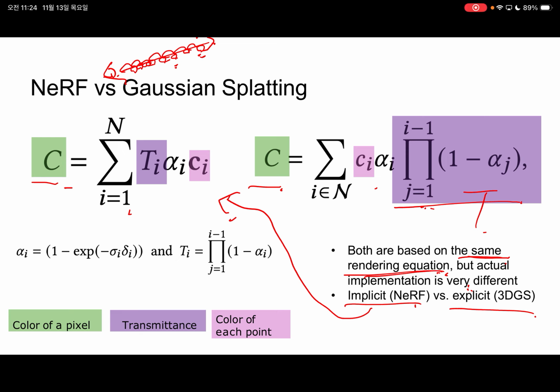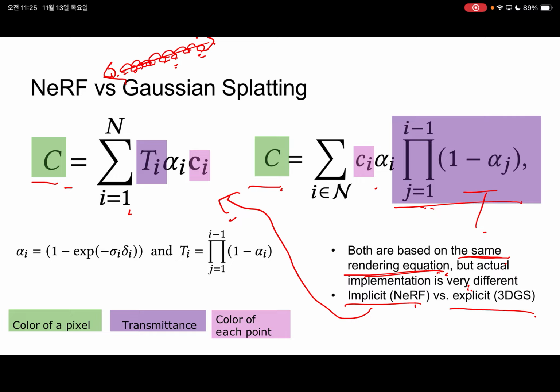We only need to consider 3D Gaussian points, so we do not have to keep ray marching and keep checking the density and color of all points along the ray. As we learned, we project all Gaussians to the screen space using camera intrinsic and extrinsic parameters, and then just do alpha blending in screen space.